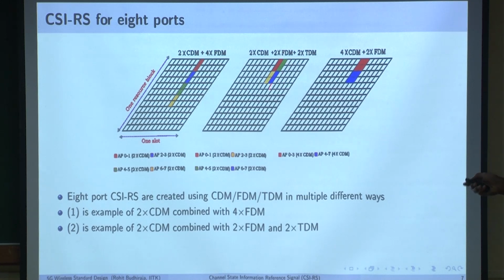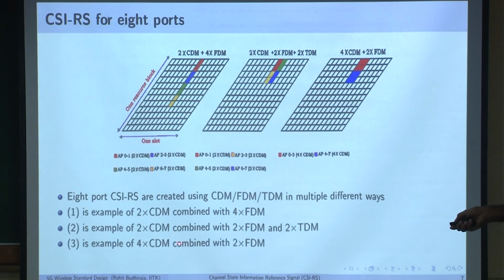Third example, 4 CDM combined with 2 FDM. What am I calling over here? These 4 resource elements in red, that is the color coding. Whatever has the same color is being differentiated using codes.